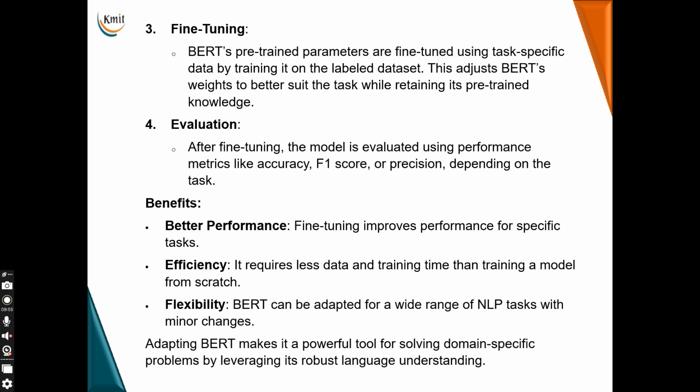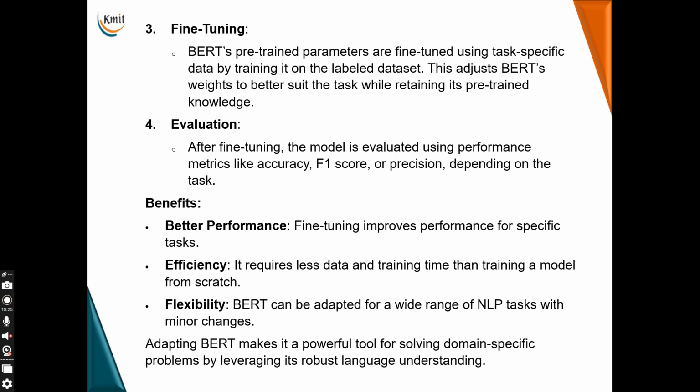So thereby BERT adjusts all the weights so that it can perform the task which is given based on the pre-trained knowledge it has gained. Evaluation: once the fine tuning is completed, the model can be evaluated for its performance based on various metrics like accuracy, F1 score, precision, various things depending on the task we are working on.